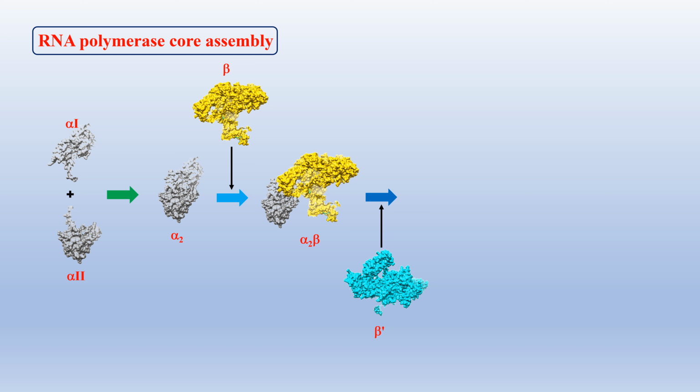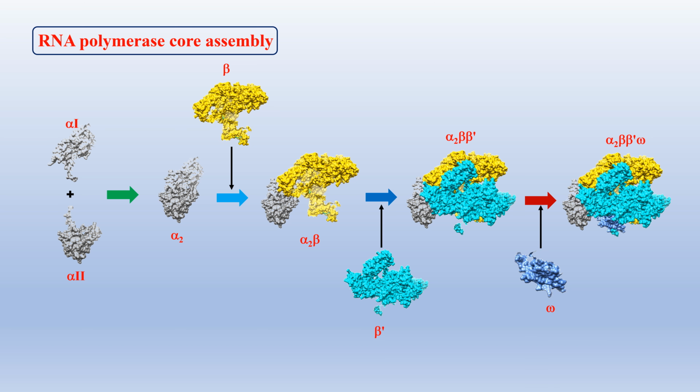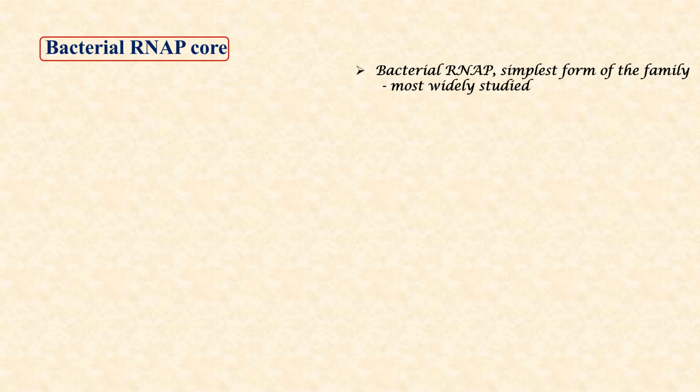And finally, the 5th subunit, omega, is added to form the core. The bacterial RNA polymerase is the simplest form in the family of RNA polymerases. Hence, it has been most widely used to study the phenomena and the mechanisms of transcription.